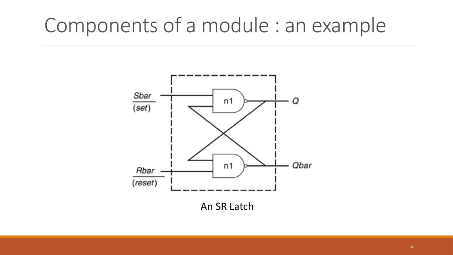If you look at it, it has two main inputs, S bar and R bar, and the outputs are Q and Q bar. The internal construction consists of two NAND gates connected as given in the diagram. And now we look at how we can write a complete Verilog module for this S bar R bar latch.